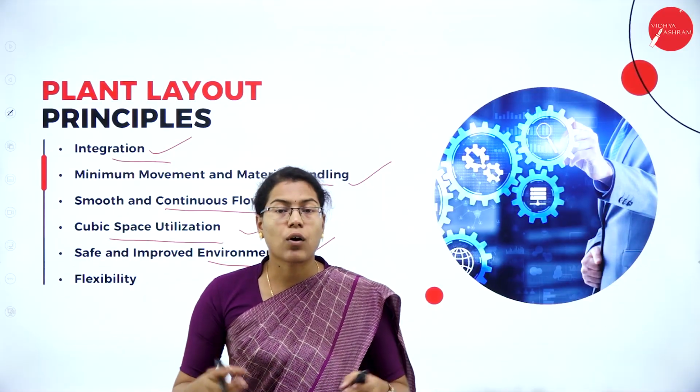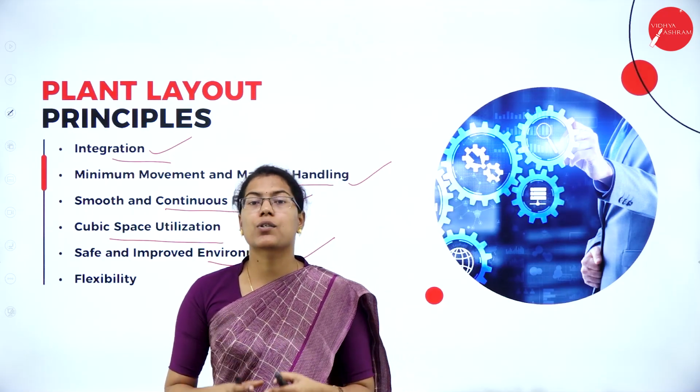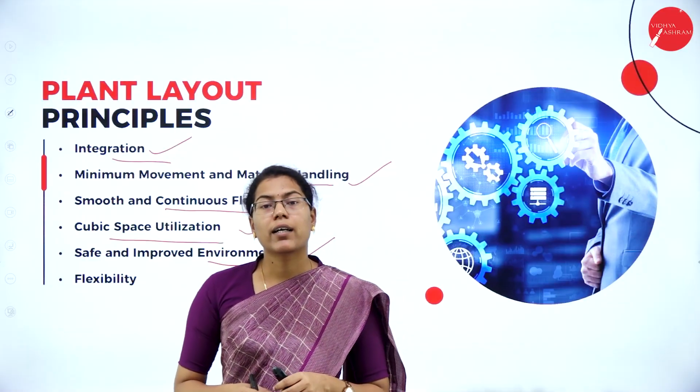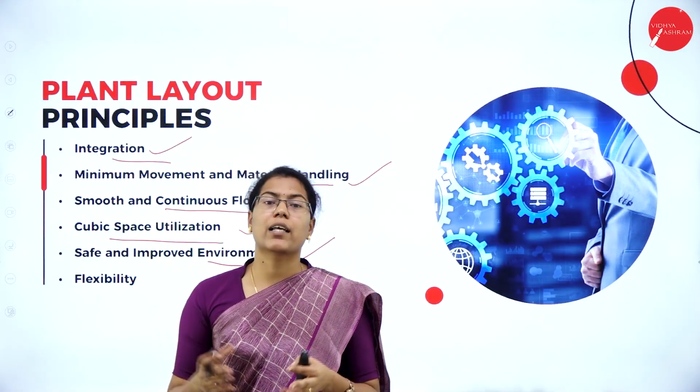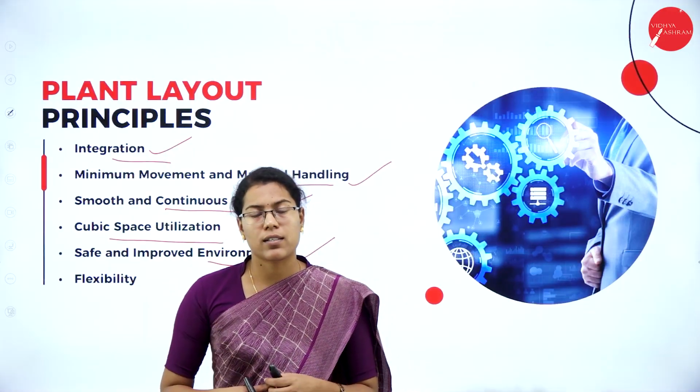There should also be proper ventilation, lighting, air conditioning, and a clean environment. For example, in a chemical plant, it is important to have good ventilation so that it is easy to remove any kind of fumes and odors.